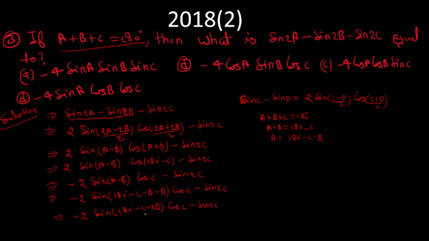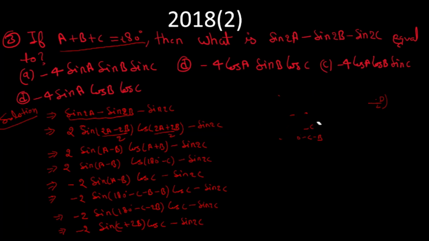Sine 180 minus theta means sine theta. So here we get sine c plus 2b, cos c minus sine 2c. Yeah, we got this.